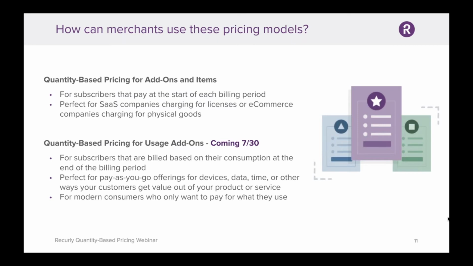The piece that our merchants that I've heard are most excited for is I want to be able to offer a free quantity, I'm going to give somebody 3 songs or 100 instances of this action on my site. If you go over that, we'll start to charge per instance, whether that's gigabytes of data, text messages, any example you can think of. There's a bunch of great ways to monetize.